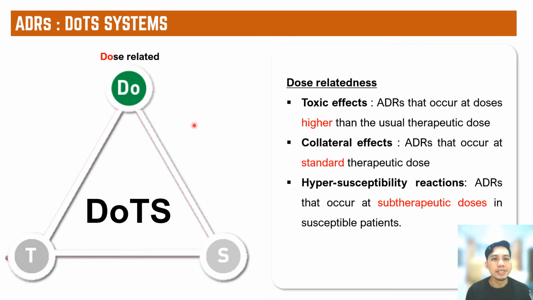In the DoTS system, dose relatedness can be further divided into toxic effect, which is the effect related to the drug used outside of its usual therapeutic dosage. Another one is the collateral effect, which is the effect occurring within the normal therapeutic use of the drug, as well as hypersusceptibility reaction, which is the reaction occurring at a subtherapeutic dose in a susceptible patient.